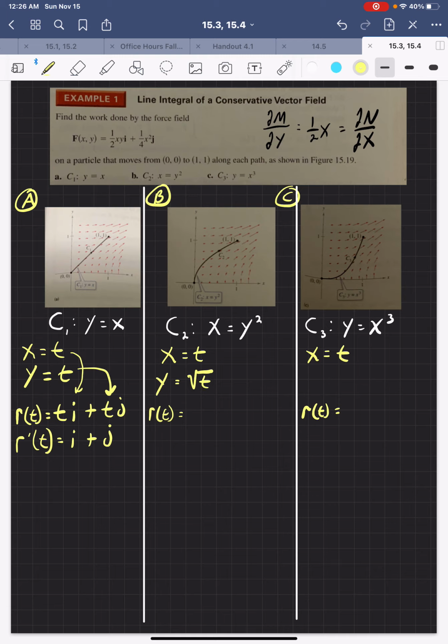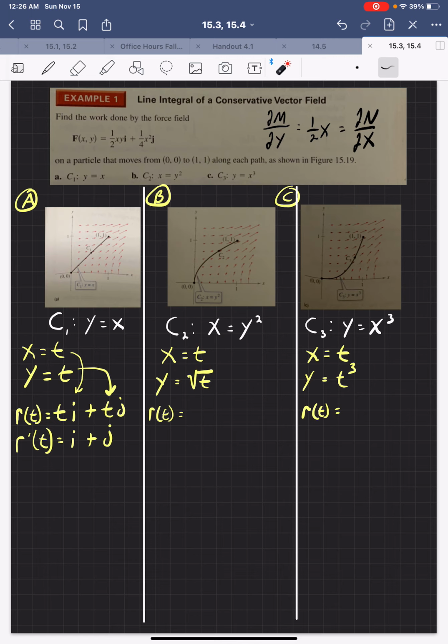And for the third curve, if you let x equal t, then y is going to equal t cubed. As soon as you plug t in for x, y is t cubed, and for the other, y is the square root of t.